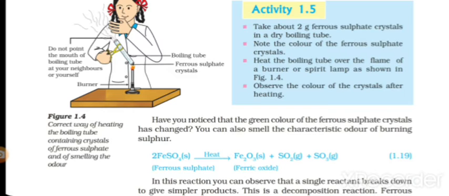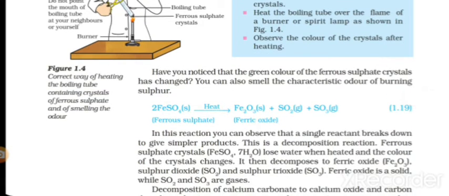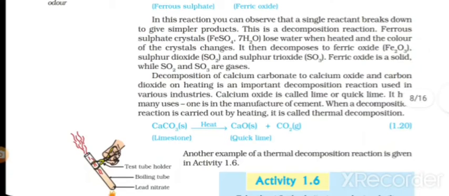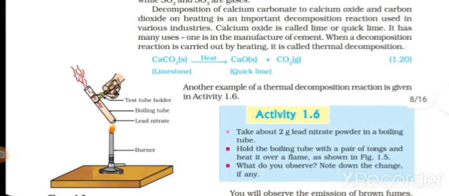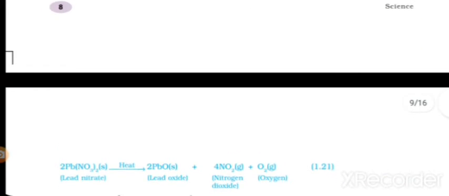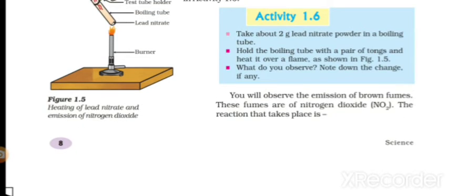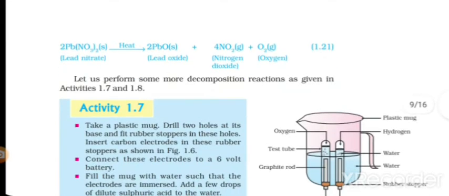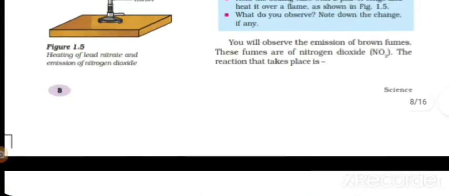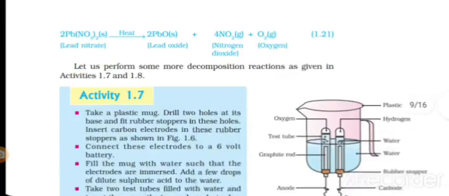Decomposition reaction. Okay. The example for this is ferrous sulfate. When it is heat treated or when it is given heat, it turns into ferric oxide plus sulfur dioxide and sulfur trioxide in gaseous form. Okay. So these experiments we will be performing in the lab. That is a practical section.